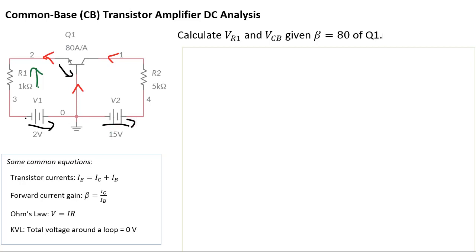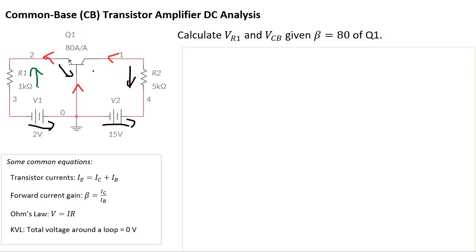And since IC is flowing right to left, going up through R2, the positive voltage for R2 is pointing down.